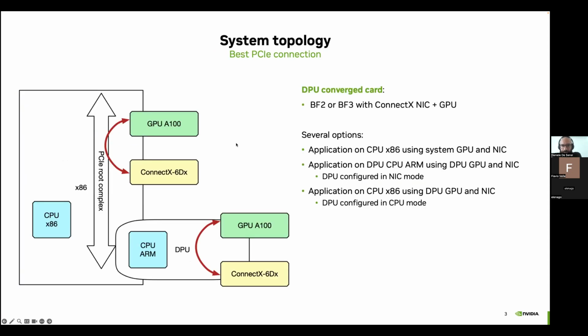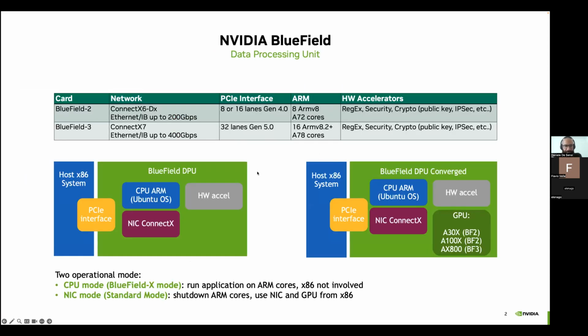Yeah, so here, you said converged card, so you have a GPU here. If you put the converged card in NIC mode, it means that you're shutting down the ARM cores. So all the PCIe peripherals on the DPU, like the network card, the GPU, and the hardware accelerators, are visible just as any other regular PCIe device to your host.